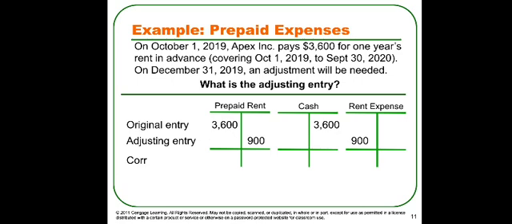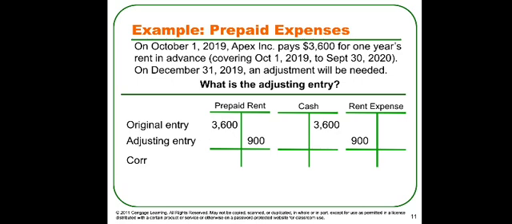So if you pay on the 1st of October, the payment is 3,600 for 1 year rental. So for 1 month, how much is the rental? The rental is 300. 3,600 divided by 12 months. So 1 month, the rental is 300.